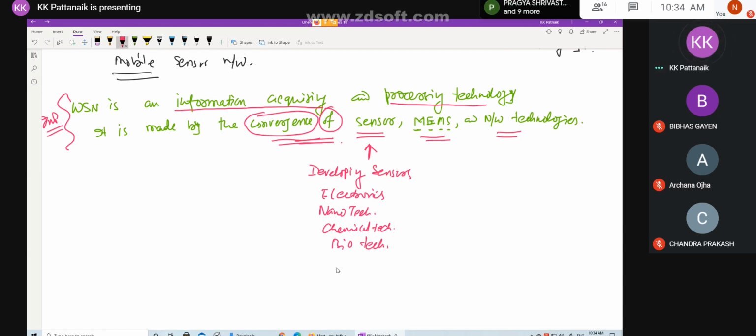So a list goes like this. People from one or more of these areas, maybe material science, can go on to develop a particular sensor.